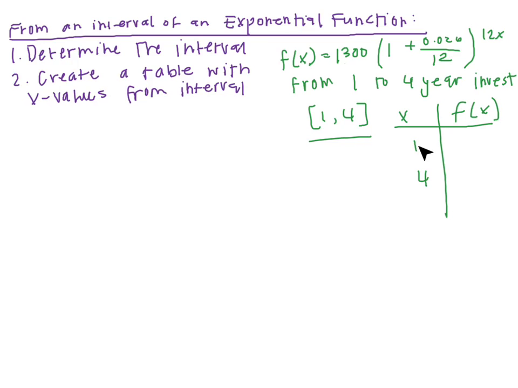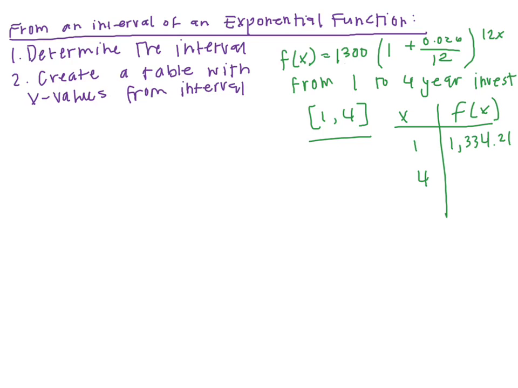So if you take this 1 and you plug it into this formula on your calculator, you will find out that when x equals 1, or f of 1, equals $1,334.21.